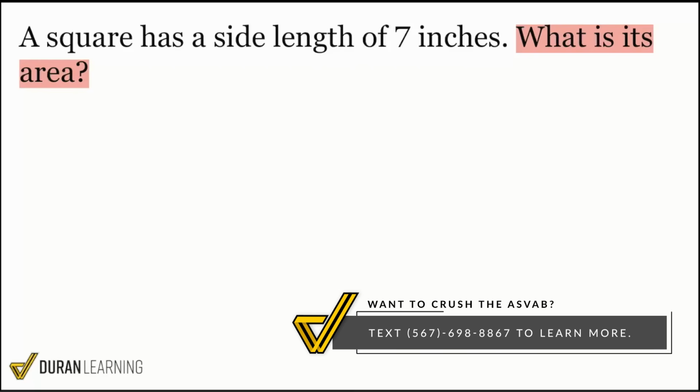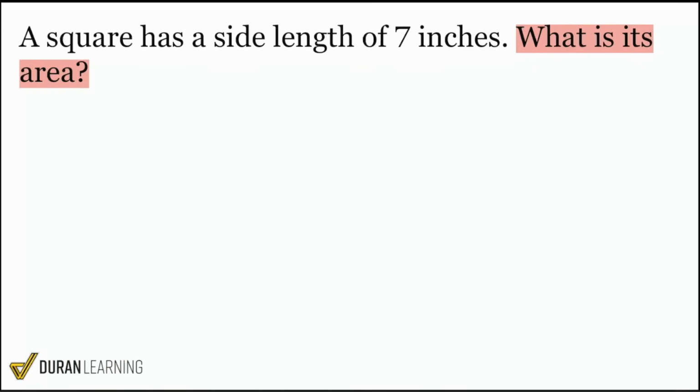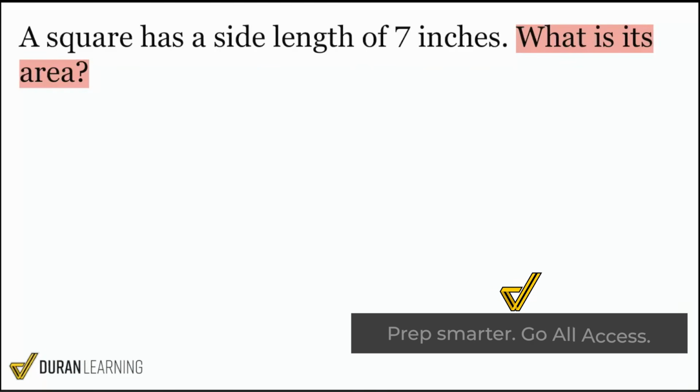Everybody, is it true that different shapes might have different formulas for area? Is that true? Absolutely true, right? Different shapes do indeed have different formulas. So when you're presented with a geometry specific question, and you know it's geometry because you're talking about shapes, perimeter, area, volume, surface area, the advantage that you have specifically is that there is a formula associated with it.